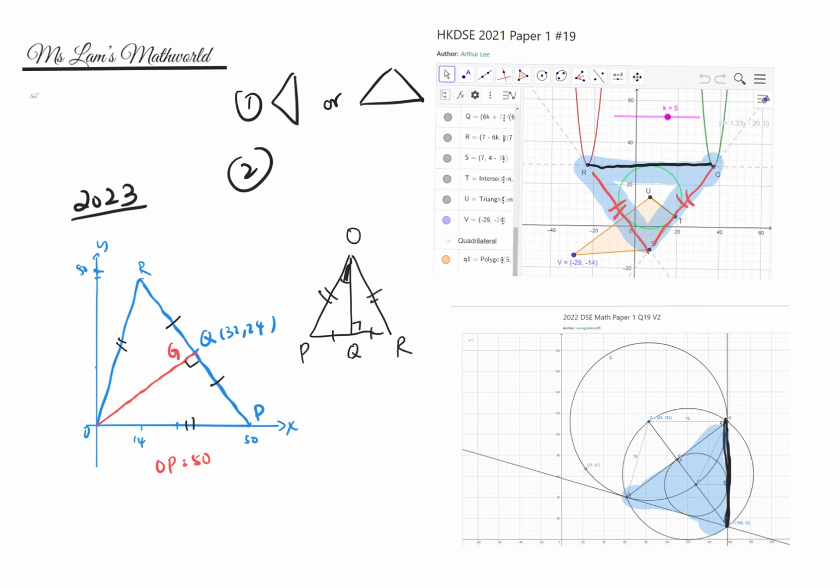RS is equal to SQ. Sorry, isosceles triangle for the next one because they are tangent. For 2022, we got the tangent properties. And so you get the isosceles triangle.